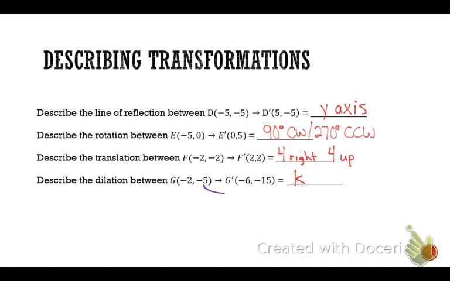Very good. I have to multiply the original value by 3 to get to the new value, so k equals 3. So what would happen if you look from original to new and you have to divide? What would be true about your scale factor? It's a fraction. Okay, so remember, if you have to divide to get to the new values, that means your scale factor is a fraction.